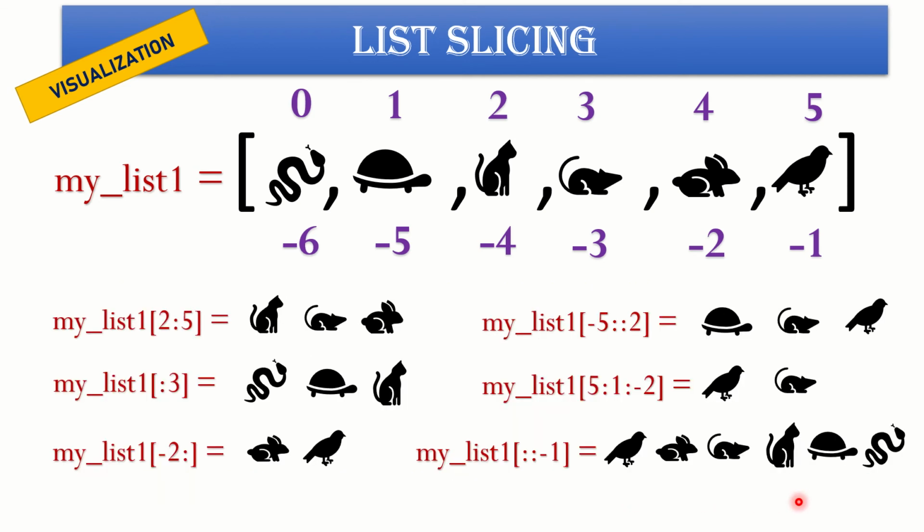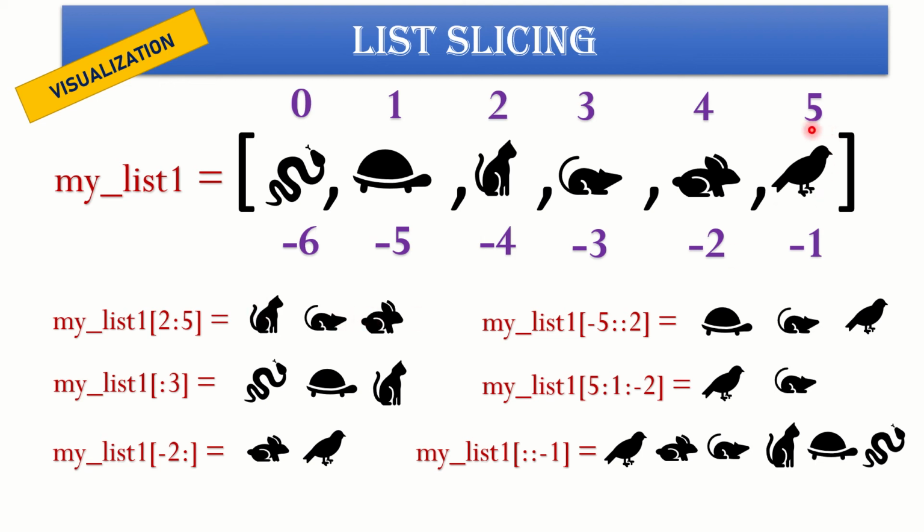if we do not give the stop value. So here I'm performing list slicing, that is I'm taking part of the list and displaying it. So if I give my list 1, 2 to 5, so we'll start at index position 2 and go till 5 but not include 5. So if you see here, it displayed the cat, the rat and the rabbit.